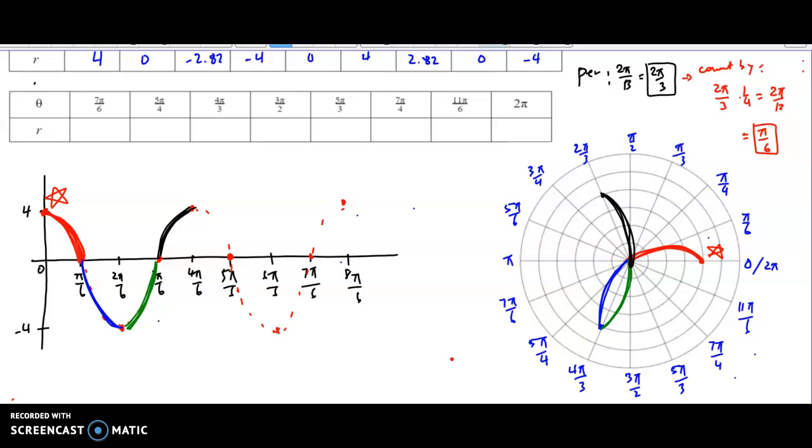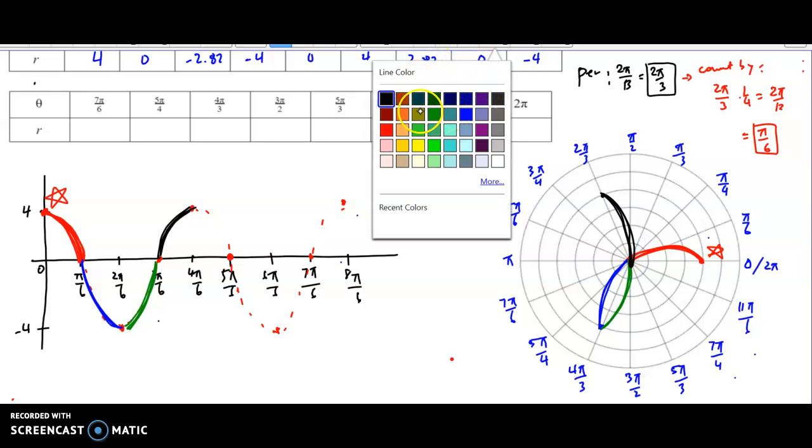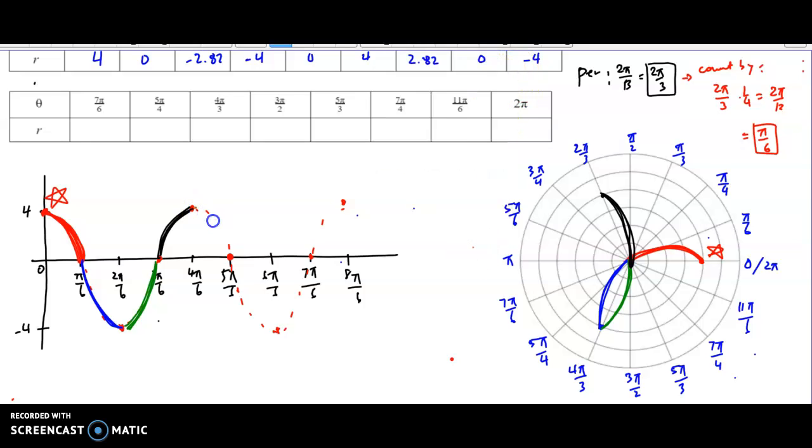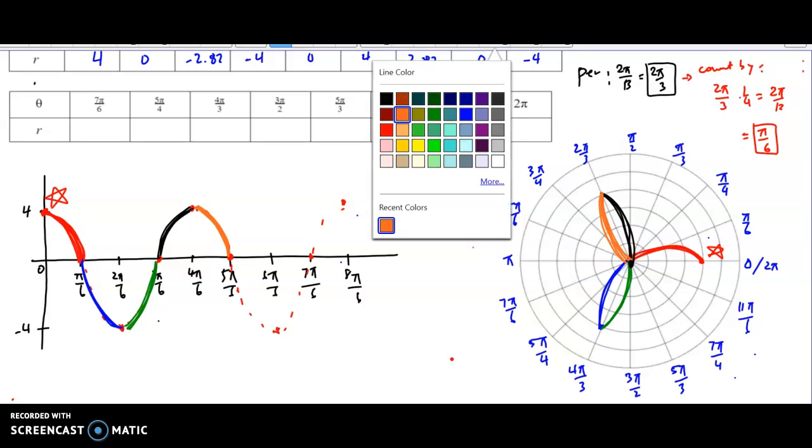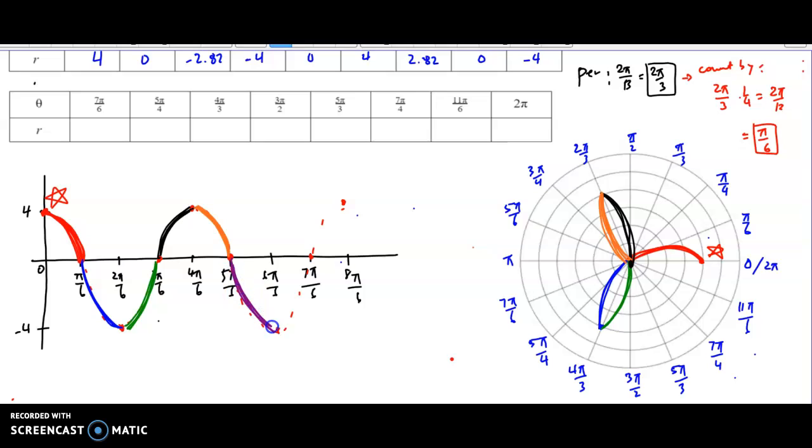I'm running out of colors, so let's do this orange one, right here. That's this part right here. And then lastly, let's do this deep purple one. This part here is this, right there.